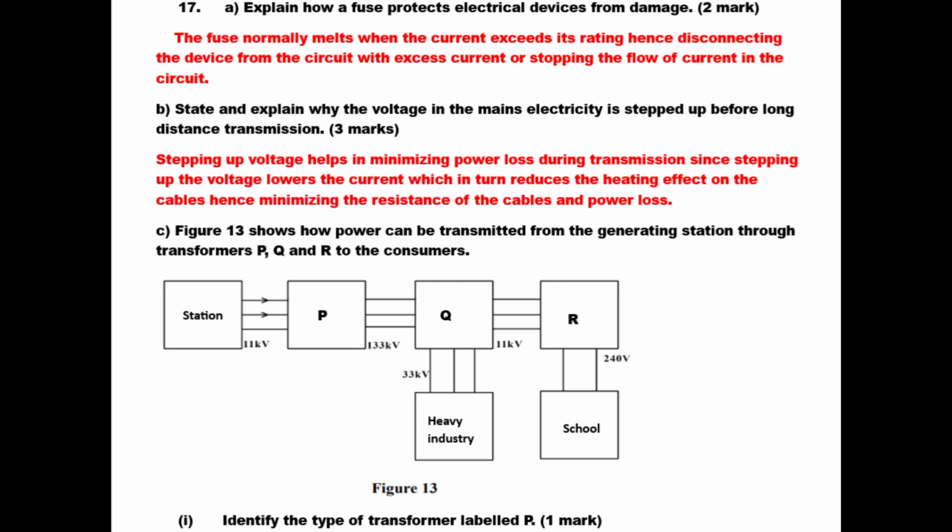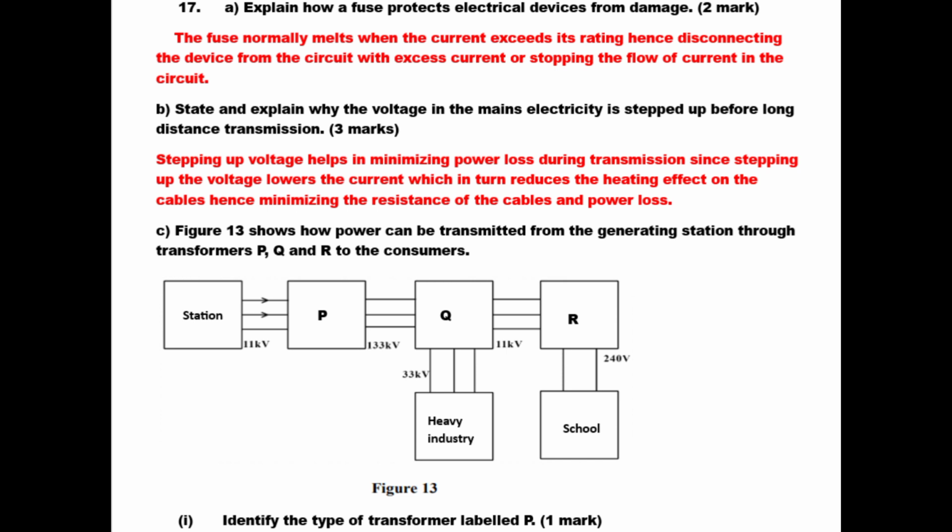Let's go to C. Figure 13 shows how power can be transmitted from the generating station through transformers P, Q, and R to the consumer. We have the power station, transformers P, Q, and R, and the consumers.